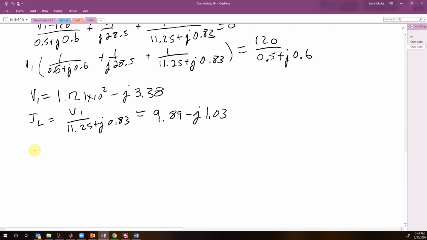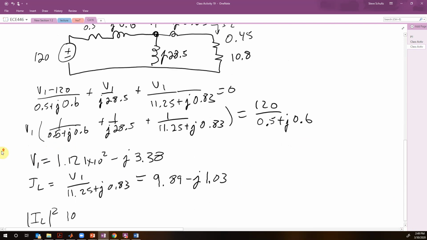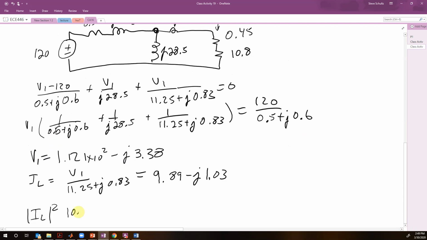So now we're going to go IL magnitude squared times 10.8, which is equal to 1.07 kilowatts. Okay, so this is equal to my mechanical power that gets delivered to the load.